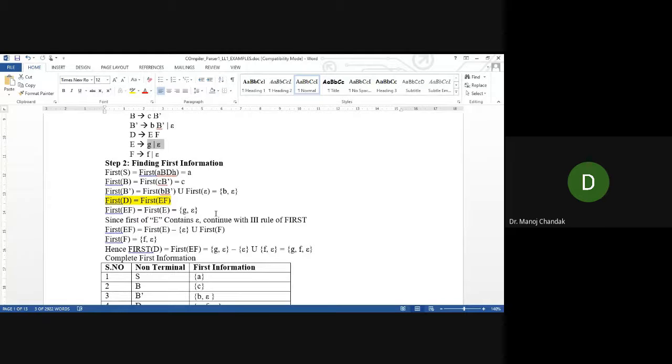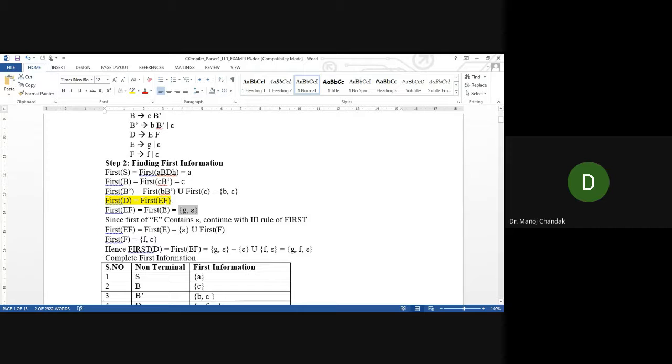Okay. So it's very simple. If you find epsilon, then you resolve it by a rule that says first of D is first of EF, and first of EF will be what? First of E, and first of E is G epsilon, and since it contains epsilon, you will say, okay, I will resolve it by moving further.